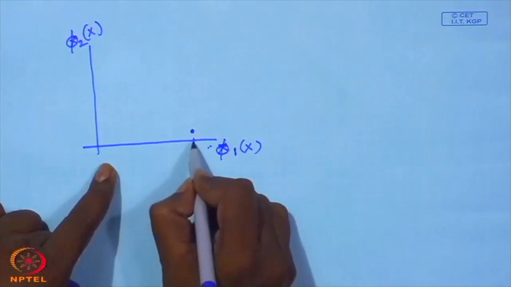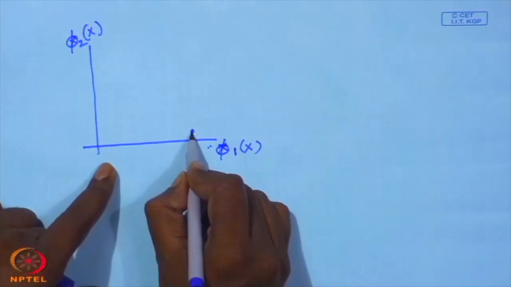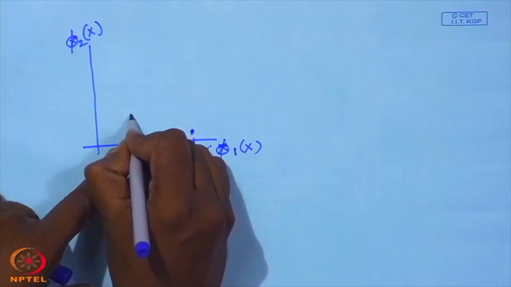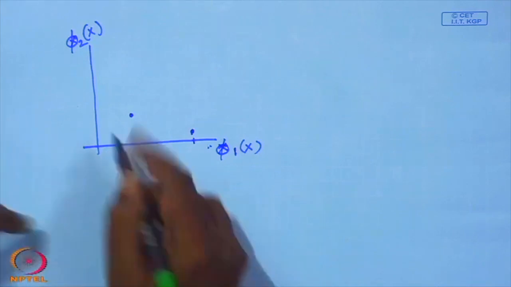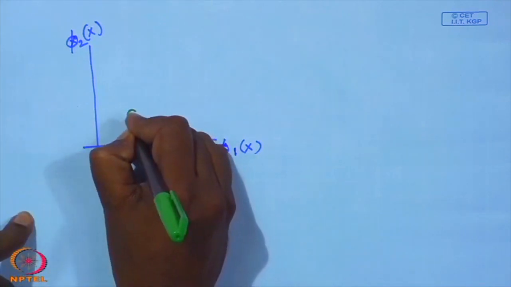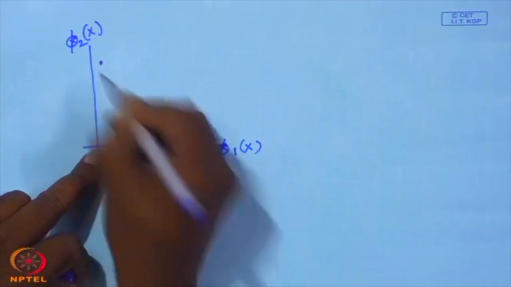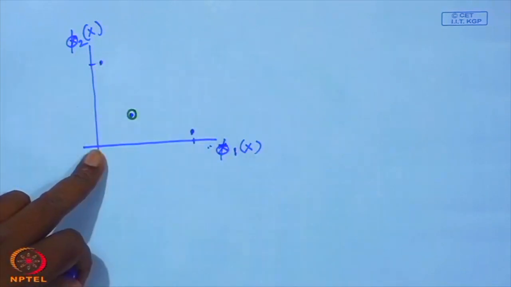So, 0 0 has been mapped to 1 0.1, 0 1 has been mapped to 0.4 0.4, which will be somewhere over here, and 1 0 is also mapped to 0.4 0.4, it is the same point. So, both the points have now been mapped to the same point in the phi 1 phi 2 domain, and that has happened because of the nonlinear transformation, whereas 1 1 has been mapped to 0.1 1, somewhere over here.